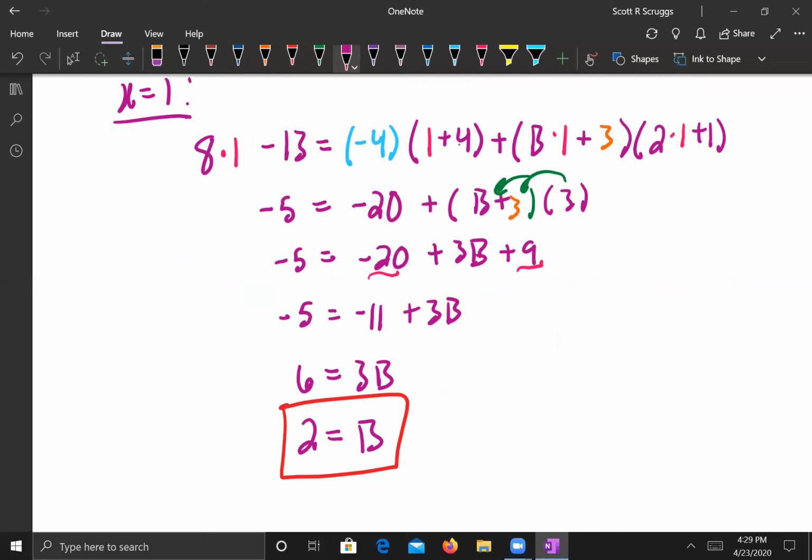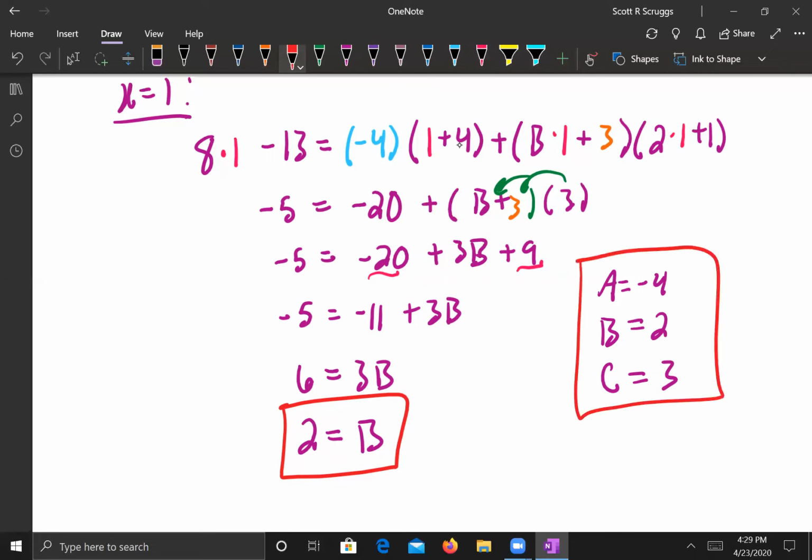So I still concluded that a is negative 4, b equals 2, c equals 3. Before we move on to part B, I'll give y'all a minute to write that down.